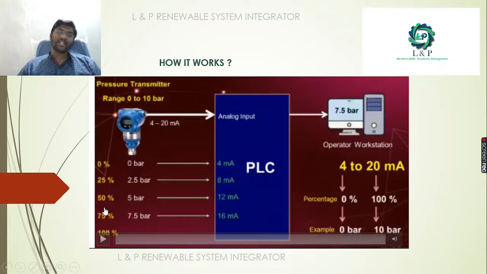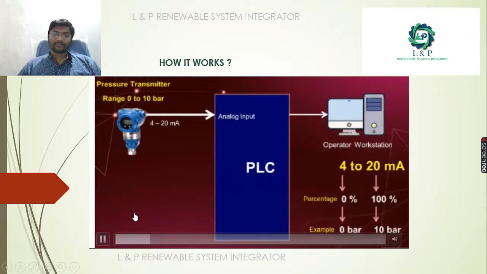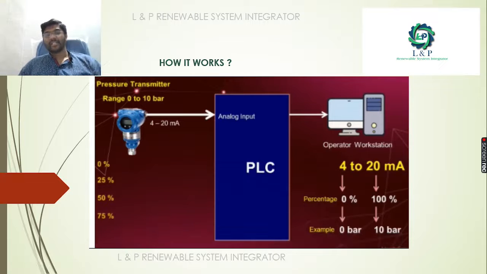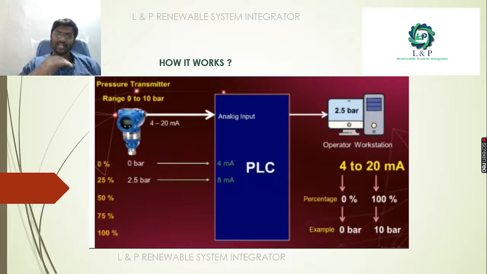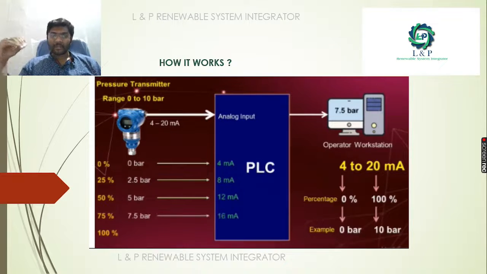Say for example, consider we have a pressure of 0 to 100 bar. See here, now we are categorizing the pressure range in percentage: 0, 25, 50, 75, 100%. For 0%, the pressure will be 0 bar, and the electrical output will be 4 milliamps. For 25%, it will be 2.5 bar and 8 milliamps.